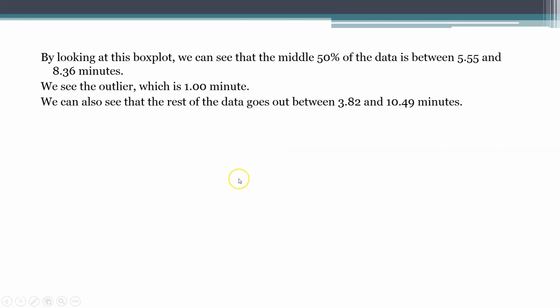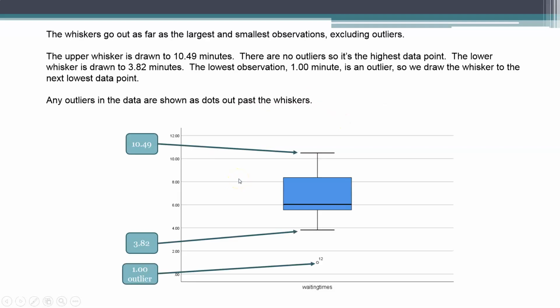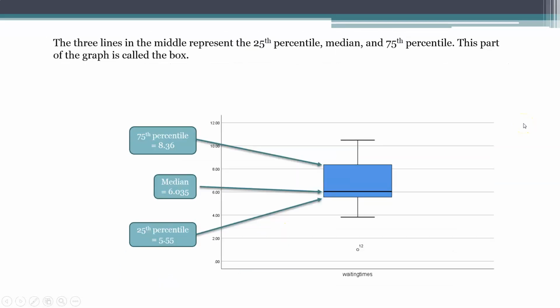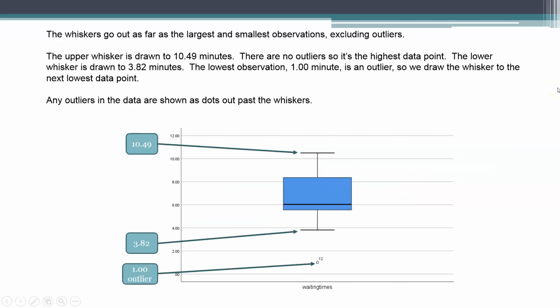All right, so in this box plot, again, we can see that the middle 50% of the data is between, whatever we said that was, 5.55 and 8.36. We can see the median is at 6. We can see we have an outlier at 1. And we can see that the rest of the data goes from 3.82 minutes up to 10.49 minutes.